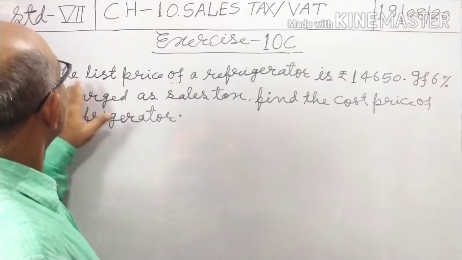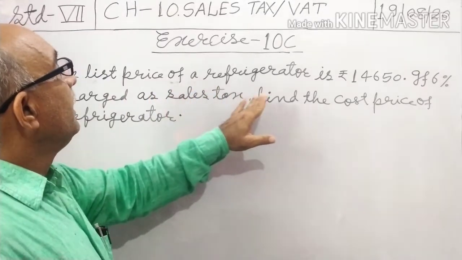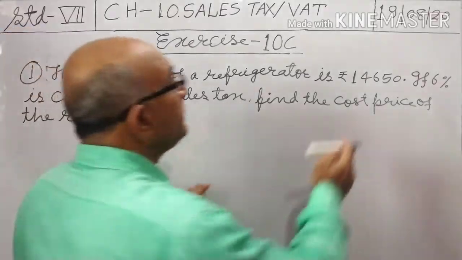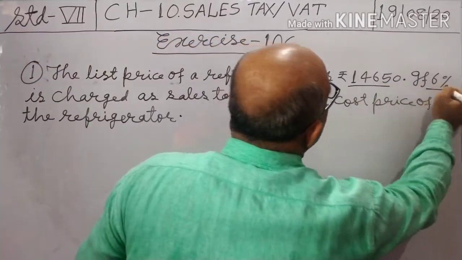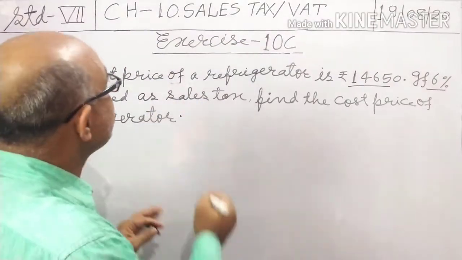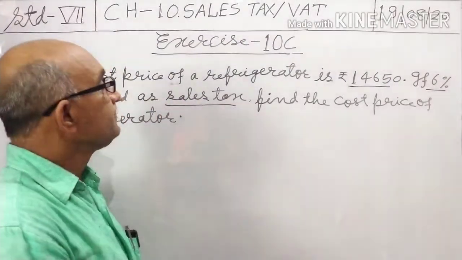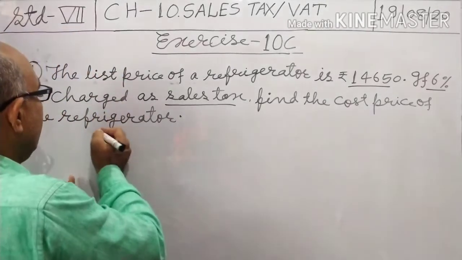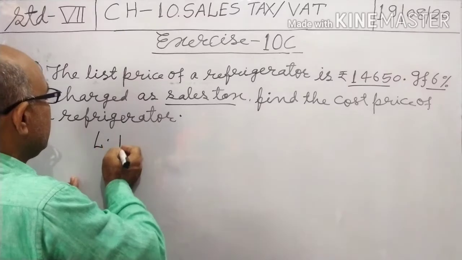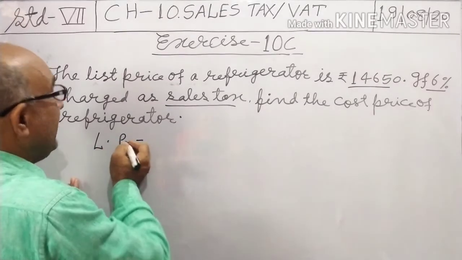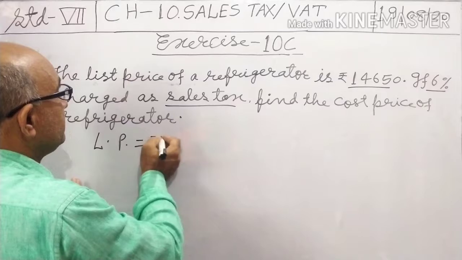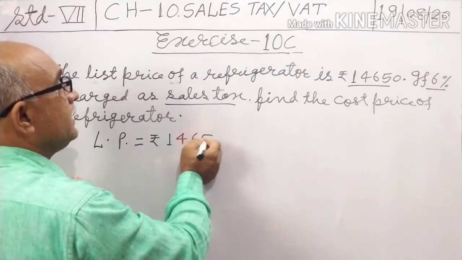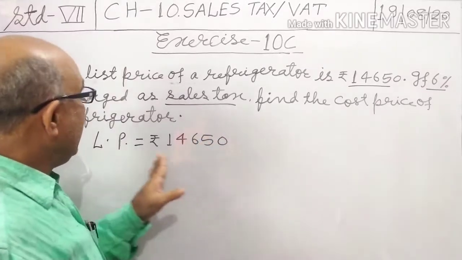Question number 1. The list price of a refrigerator is rupees 14,650. If 6% is charged as sales tax, ST, find the cost price of the refrigerator. Here list price, LP, is rupees 14,650.